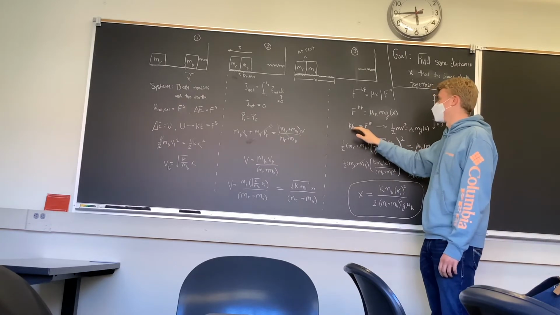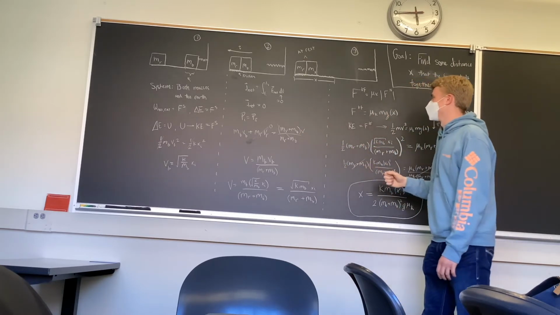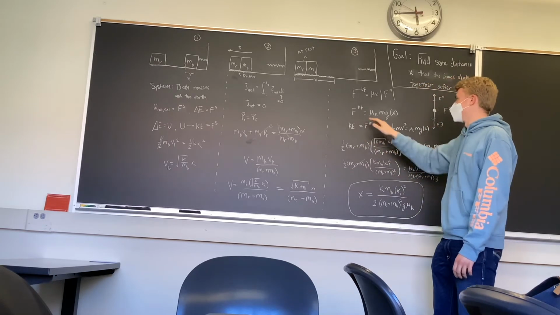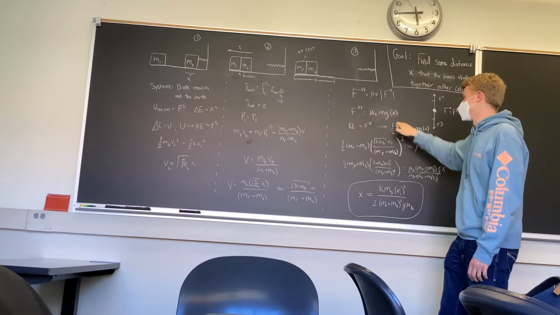We know that kinetic energy is what is pushing these boxes forward, and over some distance x it comes to a stop because of kinetic friction. So the work done by kinetic friction must equal mu sub k mg times some distance x.